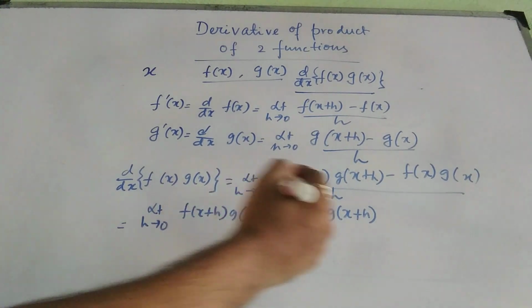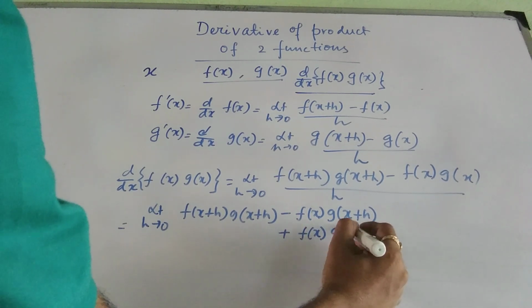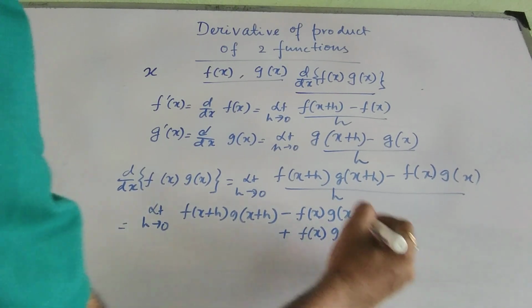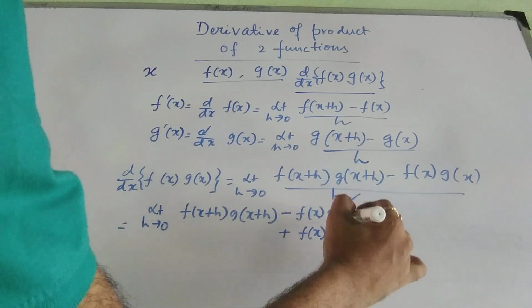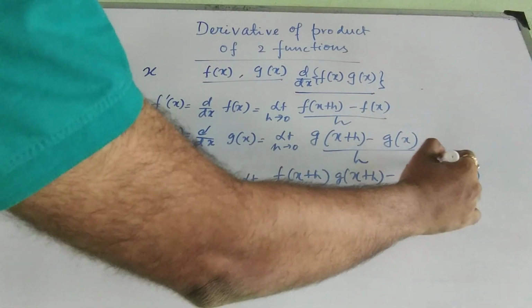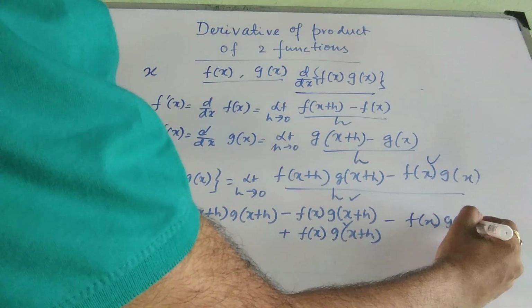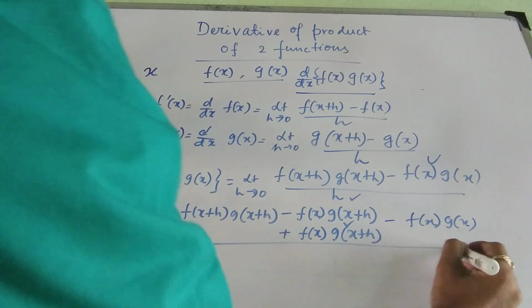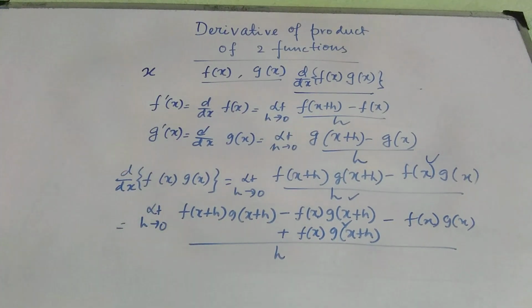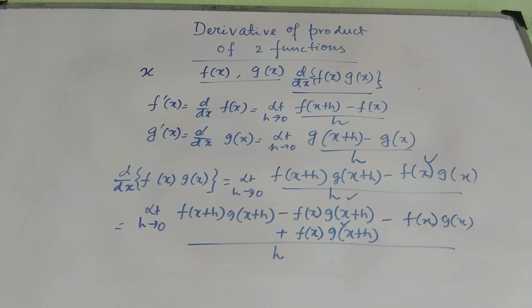Similarly, to balance, I have to add it as well, f(x) into g(x plus h). These two terms I have added and subtracted, keeping the numerator the same, and the last expression will be as it is, that is minus f(x) g(x), whole divided by h.